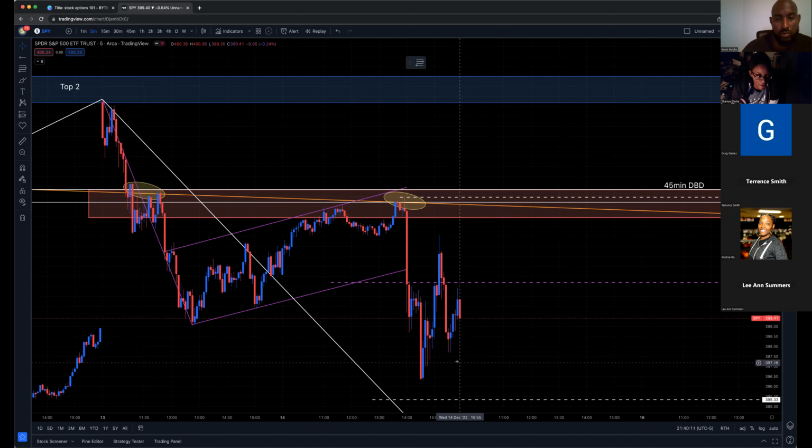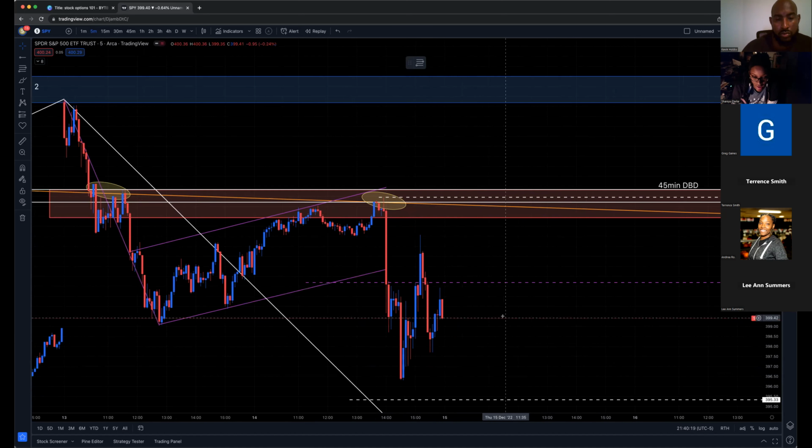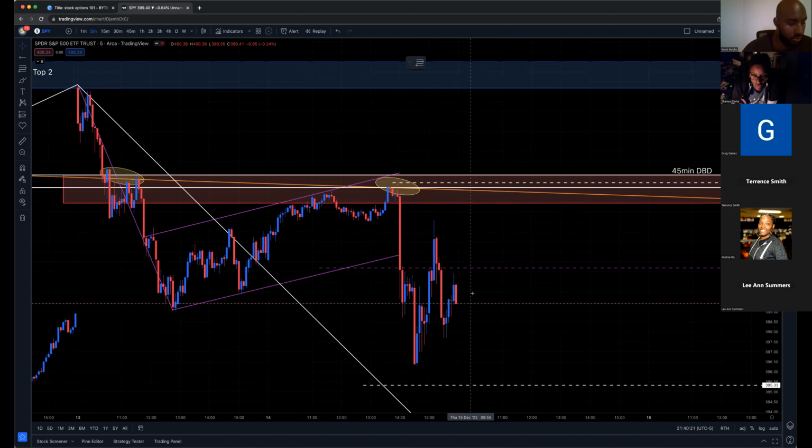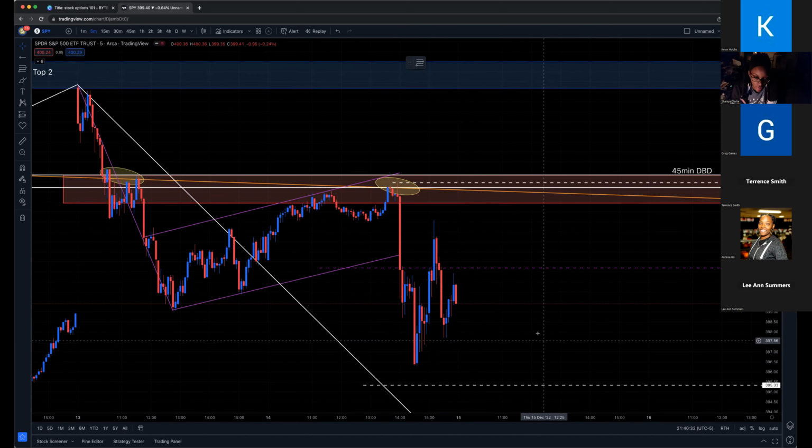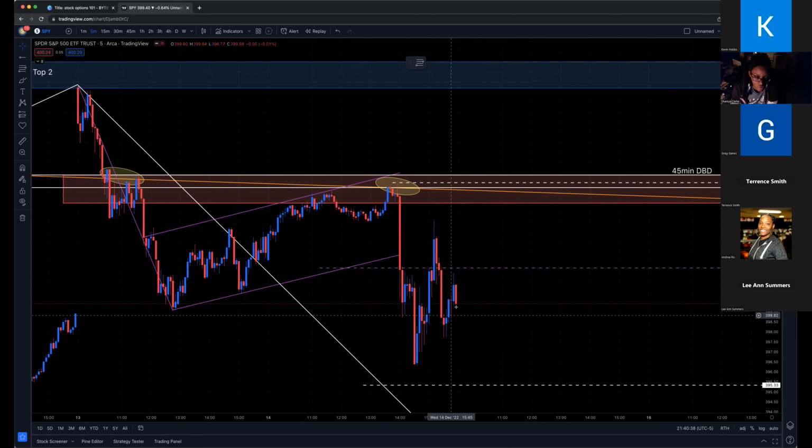Okay. Now, what is ugly about this is because I got in so far out of the money, as 4 o'clock started to approach, no matter how far the trade was actually in the money, the delta price had already skewed so much that it was really just barely wavering in and out of profit, right?